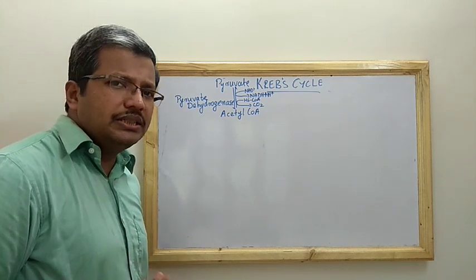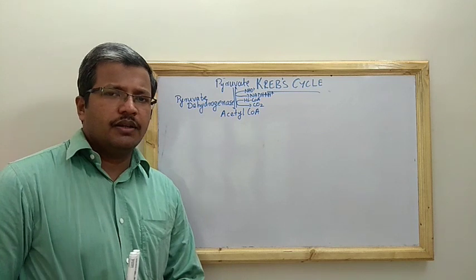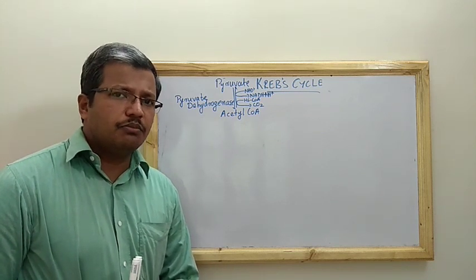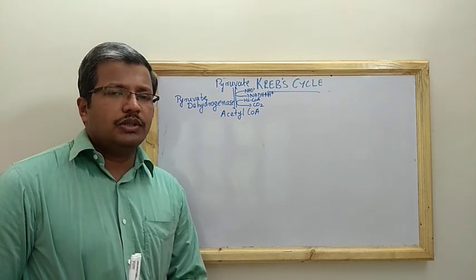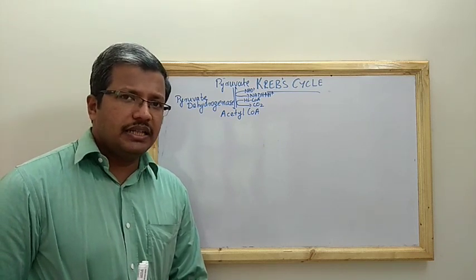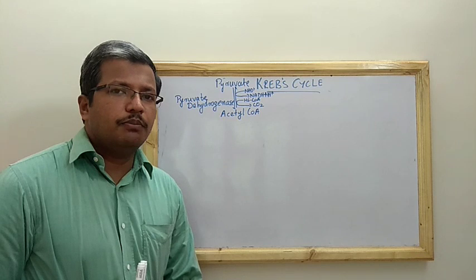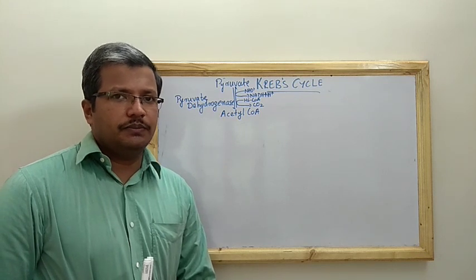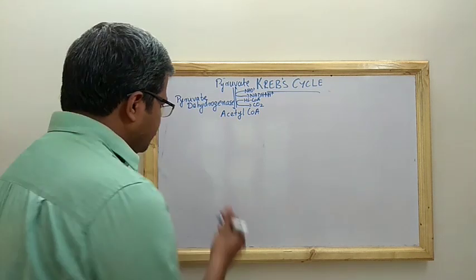Oxaloacetic acid is actually a dicarboxylic acid. What is meant by dicarboxylic acid? That means it contains 2 carboxylic acid groups. So let us see that.